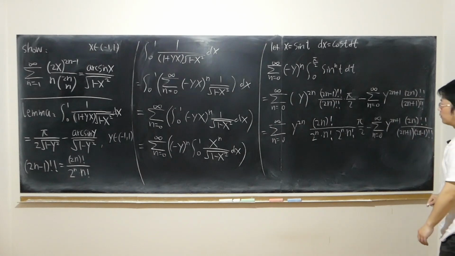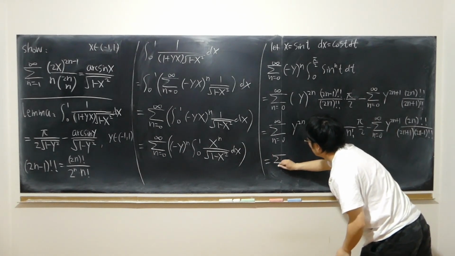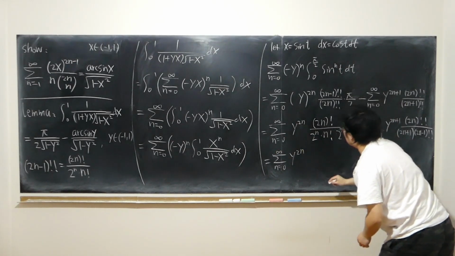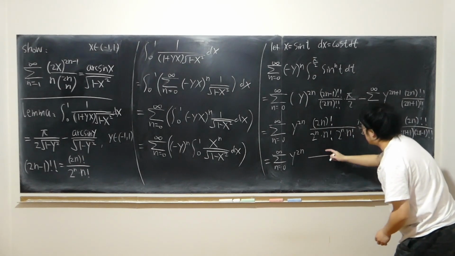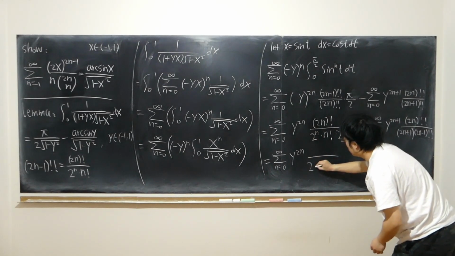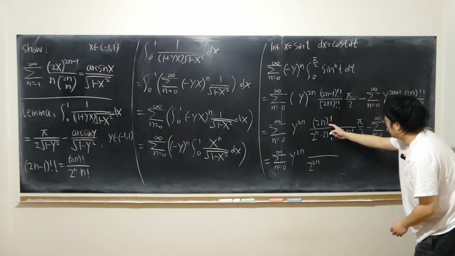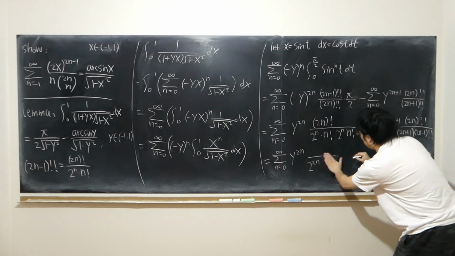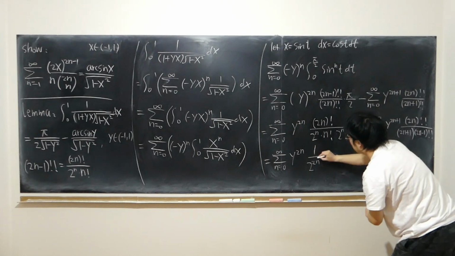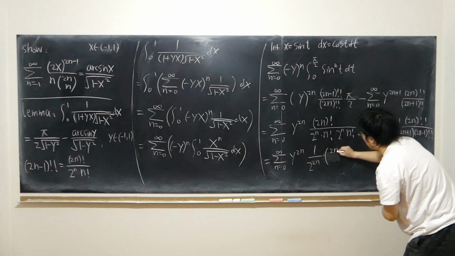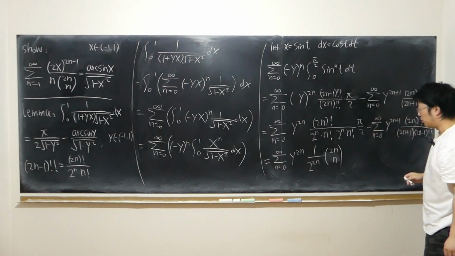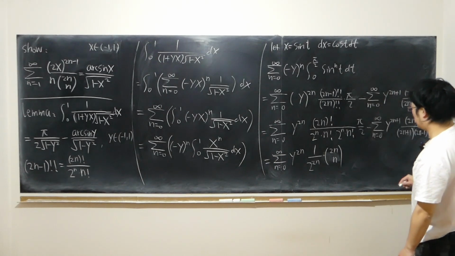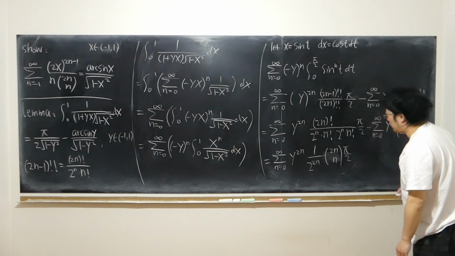Then I just take the reciprocal of this. Replace that with the sum from n equals 0 of y to n. Like I said, I just separate this term. So 2 to the 2n, times 2n factorial over n factorial times n factorial, simply 2n choose n, the binomial coefficient, times half pi.